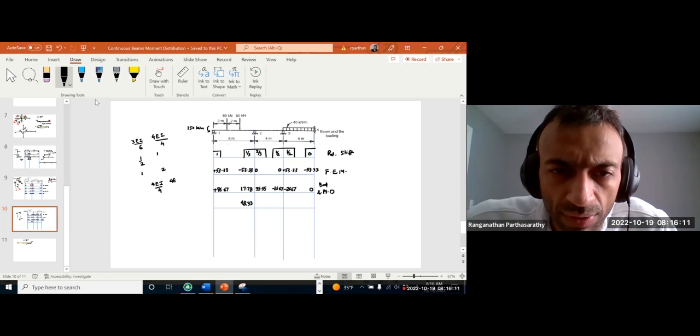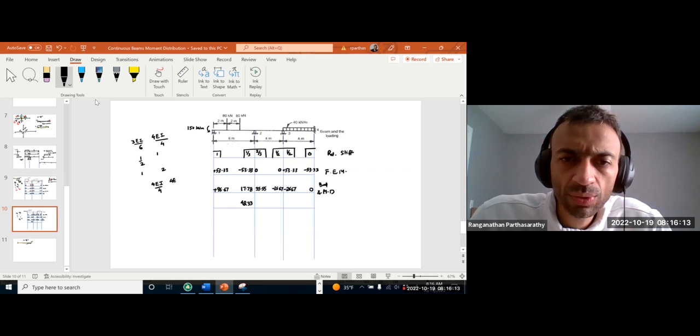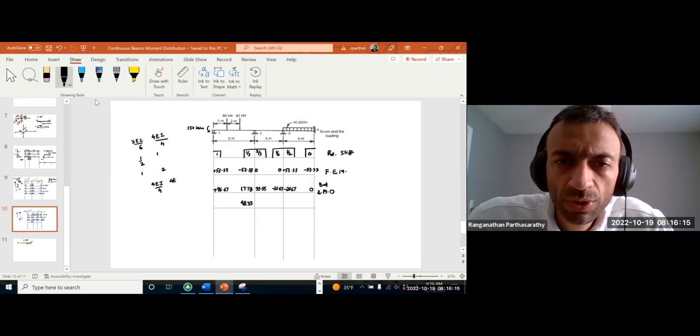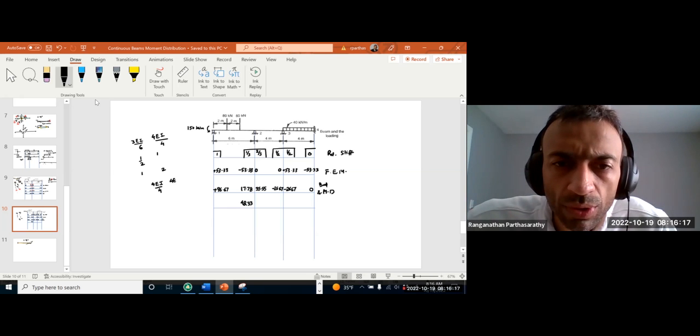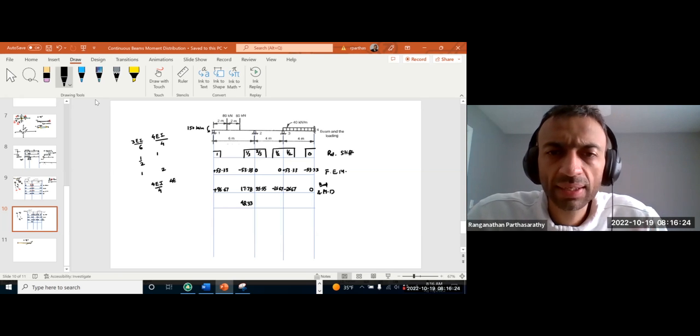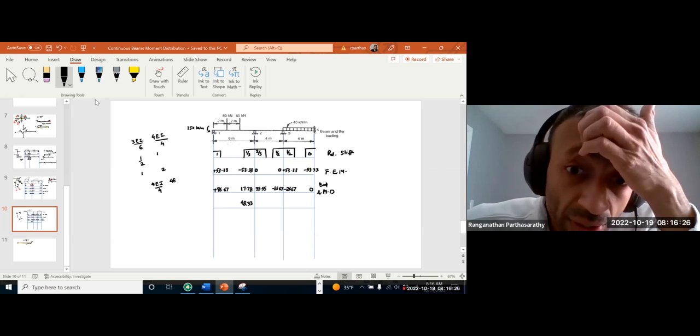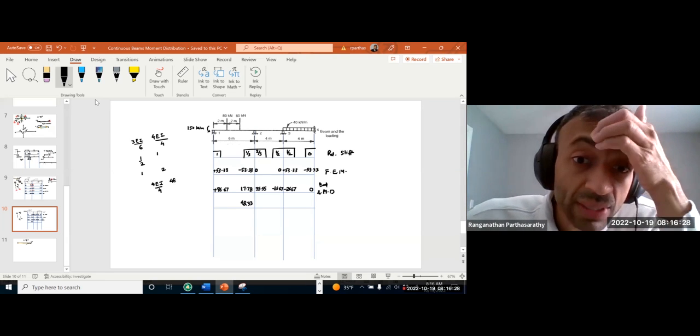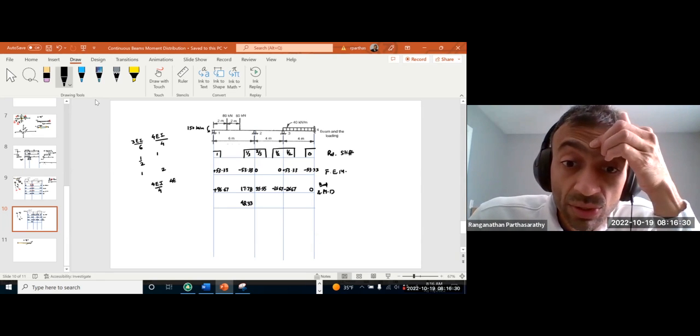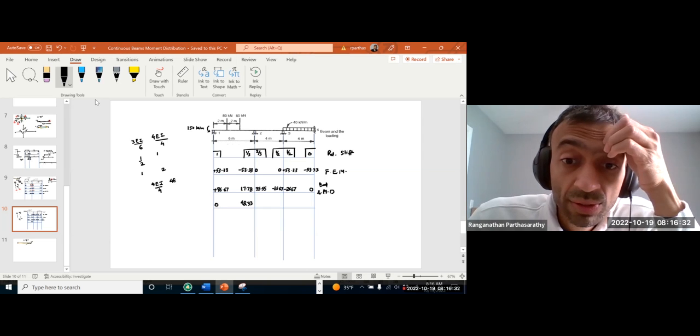Then carry over from here to... now this side is a free end, so there is no carryover here.